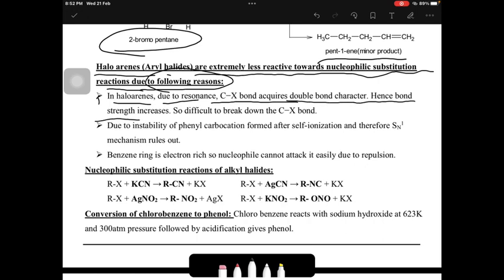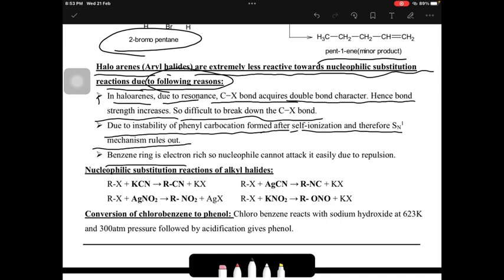Hence, bond strength increases, so it is difficult to break the C-X bond. Second, due to the instability of the phenyl carbocation formed after self ionization, the SN1 mechanism is ruled out. Third, the benzene ring is electron rich, so a nucleophile cannot attack it easily due to repulsions.